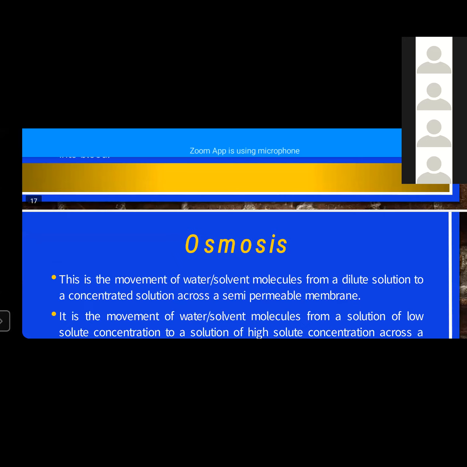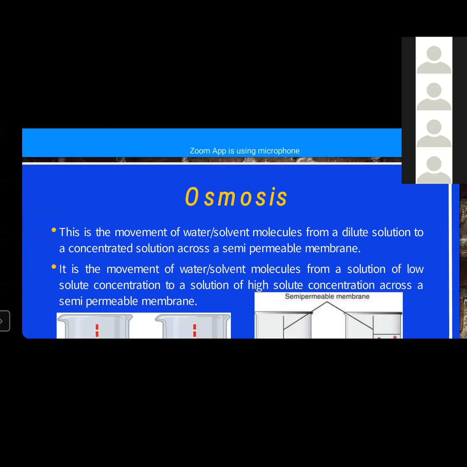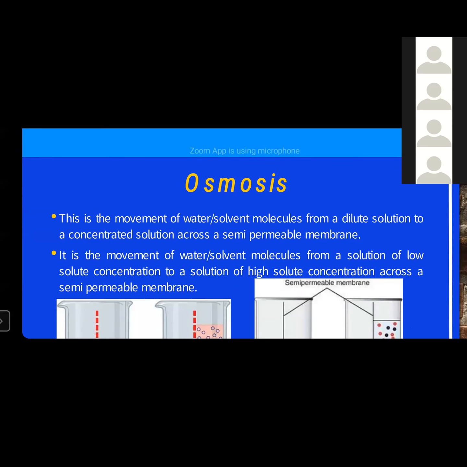And so, who gave a correct definition? Can you read through for us so that we can get it clearly? These 2 definitions. Osmosis is a movement of water or solvent molecules from a dilute solution to a concentrated solution across a semi-permeable membrane.